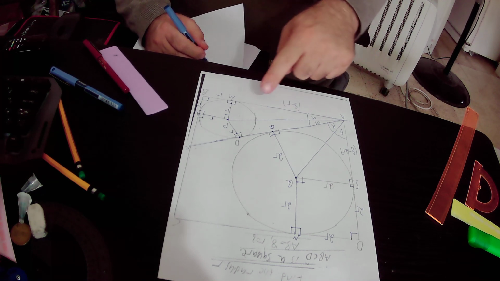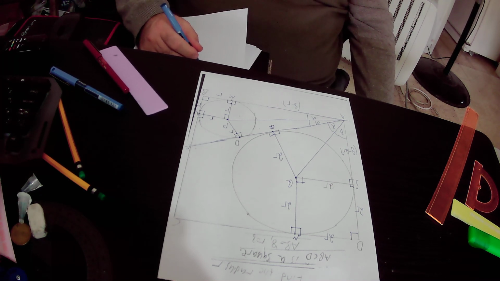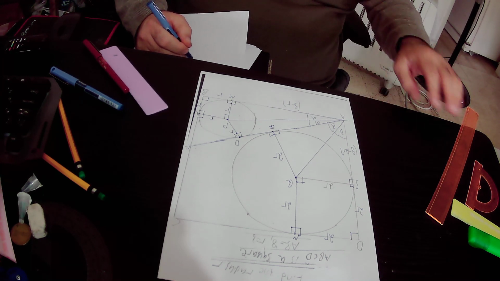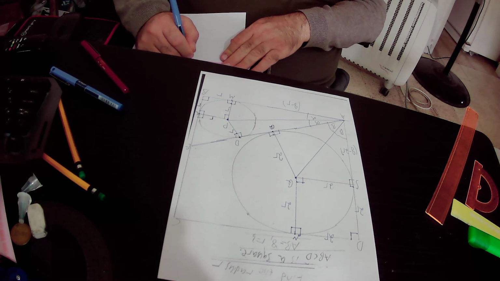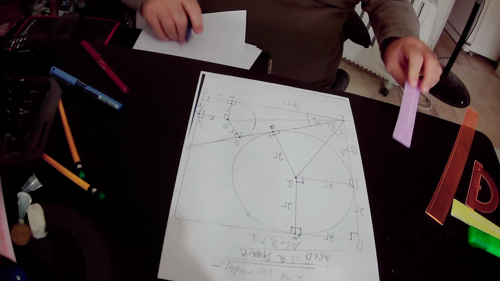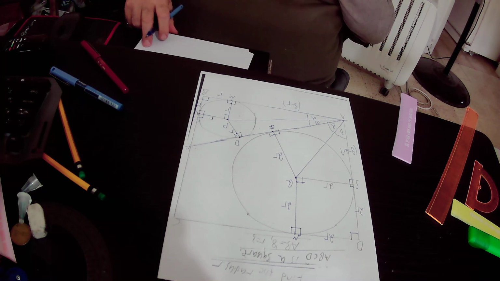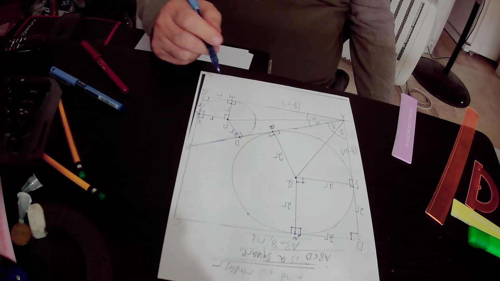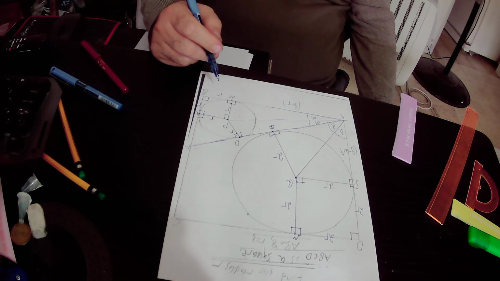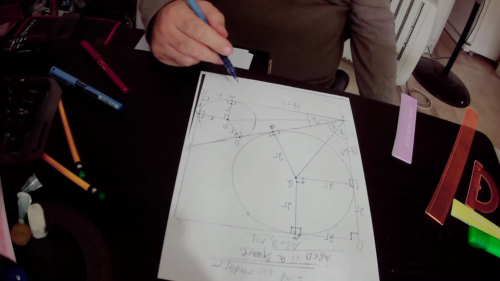In this right triangle AMP, we know that tangent alpha is the relationship between the side that is in front of the angle over the side that is near the angle.